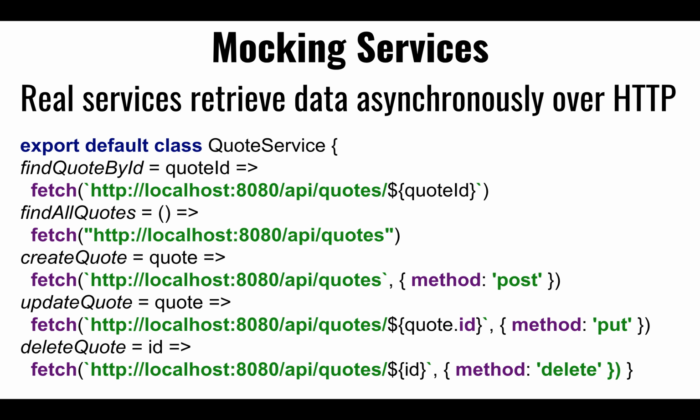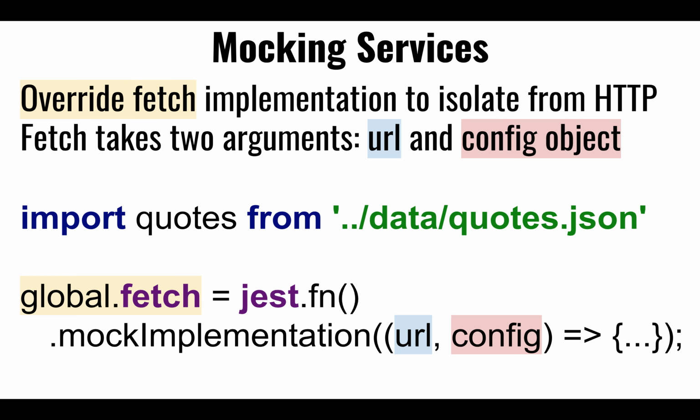Either posting if you're doing a create, a put if you're doing an update, or a get if you're doing all sorts of finder methods. So we're very aware of what these APIs look like. We want to be able to mock this, and we talked last week about how to do that, right?